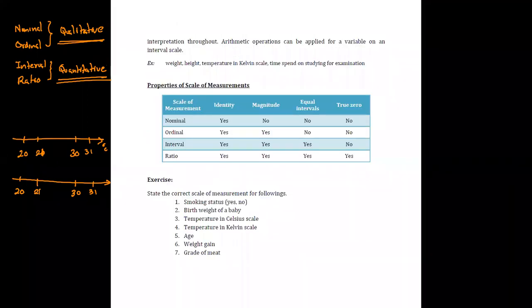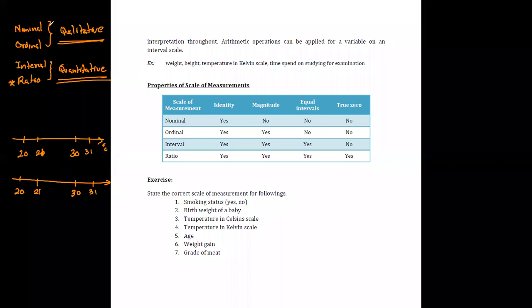The next important thing for the ratio scale of measurement is that arithmetic operations are appropriate. It means that we can apply arithmetic operations in the ratio scale of measurement. Therefore, the ratio scale of measurement is the most widely used scale of measurement in statistics.